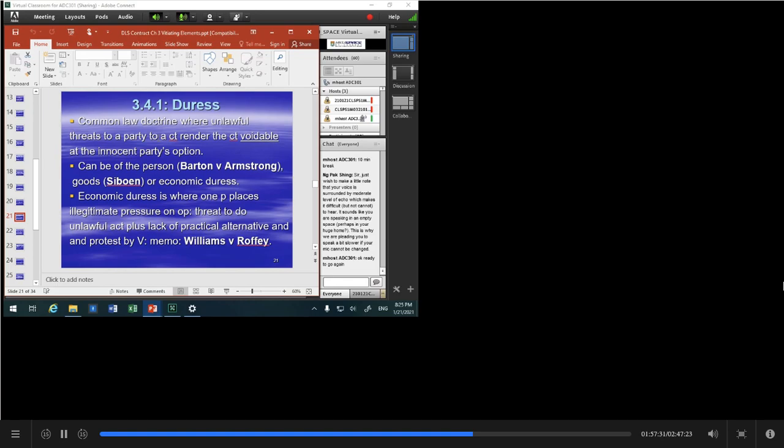It's where the court will look at relationships, and in certain fixed relationships, such as parent-child, solicitor-client, doctor-patient, there will be a presumption that there is undue influence exerted by the stronger party on the weaker party, but it is a rebuttable presumption. Okay, so when we're talking about presumed undue influence, perhaps we should add in the word rebuttably presumed undue influence.